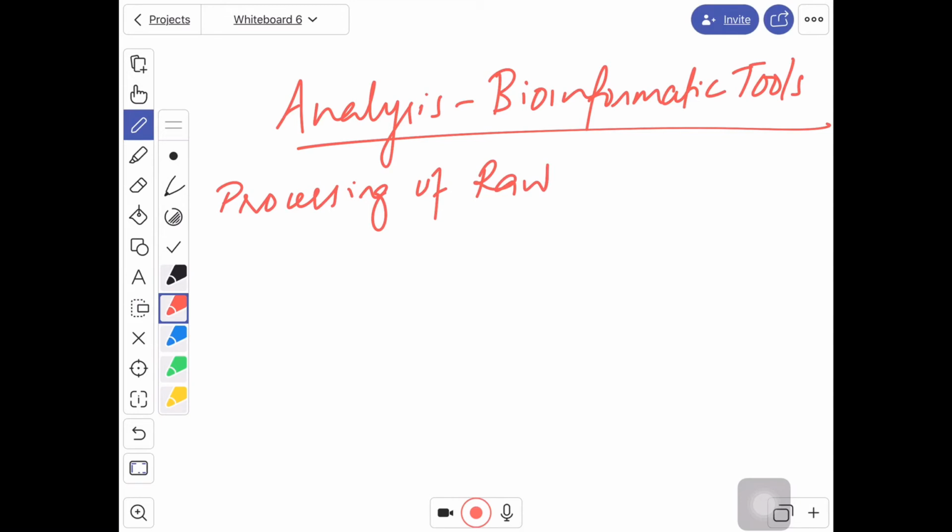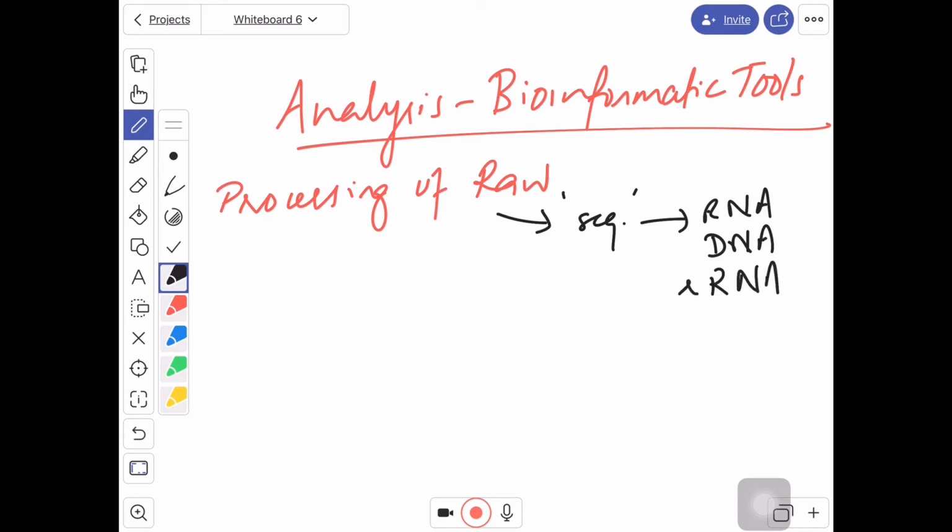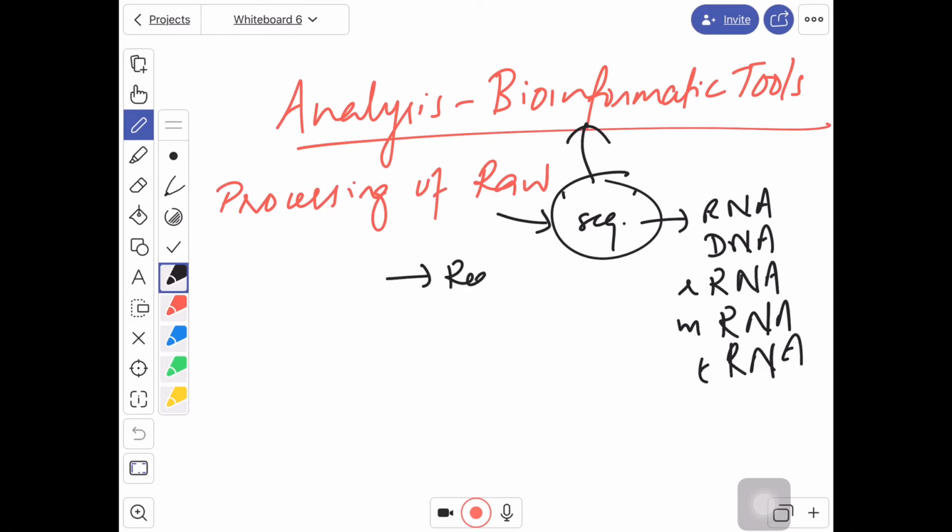Raw information means, suppose after an experiment you get some sequences, you just want to know whether it is DNA, or rRNA, or mRNA, or tRNA. All this information can be obtained using certain bioinformatic tools. They also help us to identify whether it is a regulatory part of the gene, whether it is part of an intron or an exon, etc.